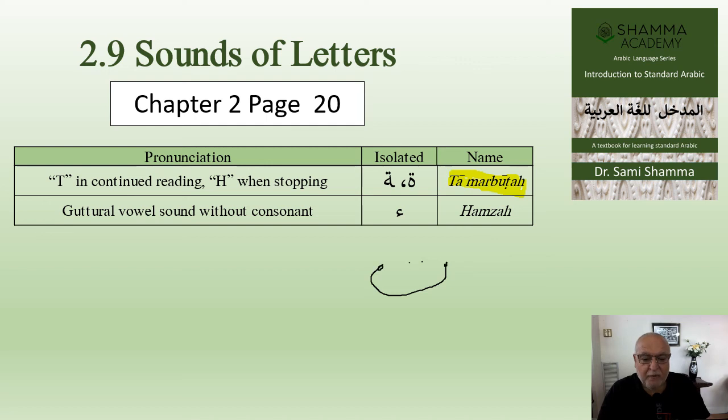This ta, we call it marbuta, meaning tied, because we write it where the beginning and the end are tied together, and we call this one ta marbuta. It's pronounced as a regular ta when you continue to speak, and it's pronounced as an H when you stop.